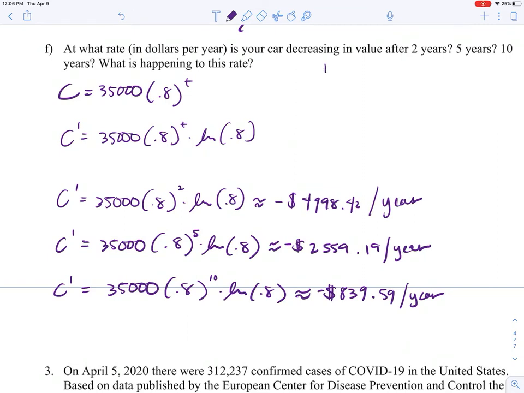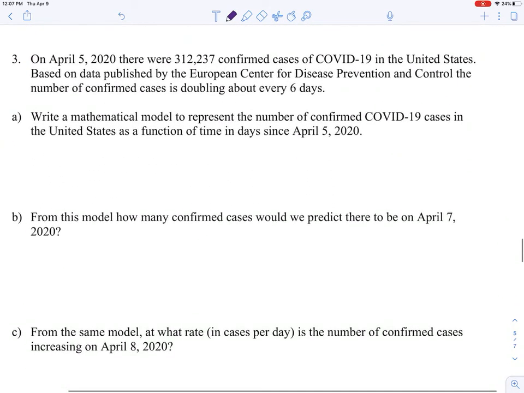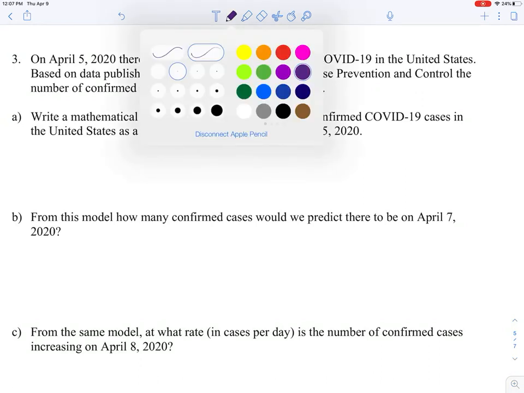The graph of our equation that represents the value is decreasing, right? It represents exponential decay. So the curve, as time is passing, ends up flattening out more and more. So your car ends up losing less and less money each year, but it's also worth a lot less than it started with.